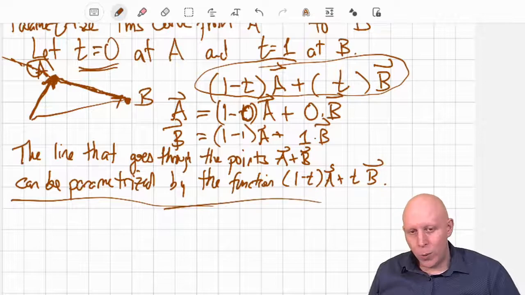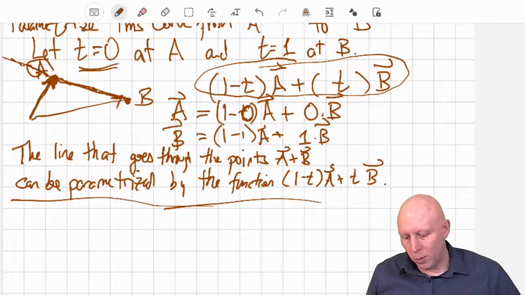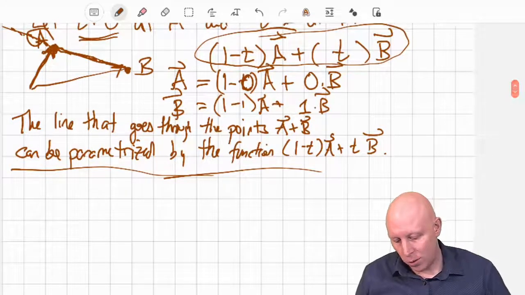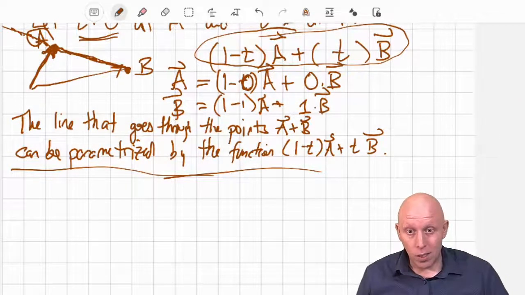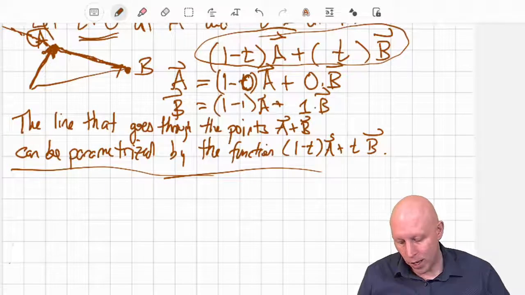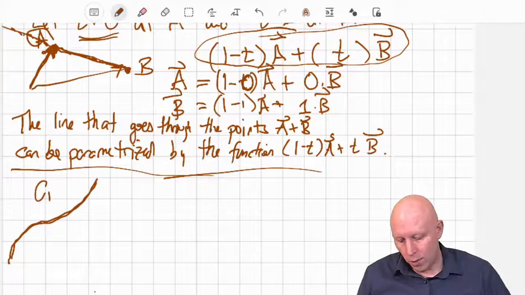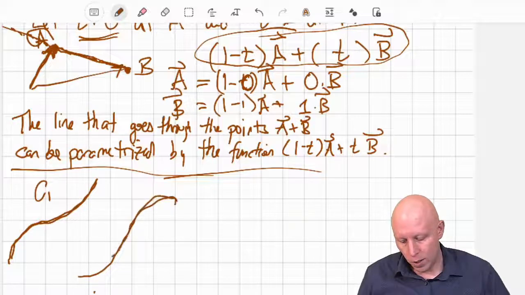But linear parameterization, linear interpolation, excuse me, can also be used to create some surfaces. So let's say we have one curve, C1, and we have another curve, C2.